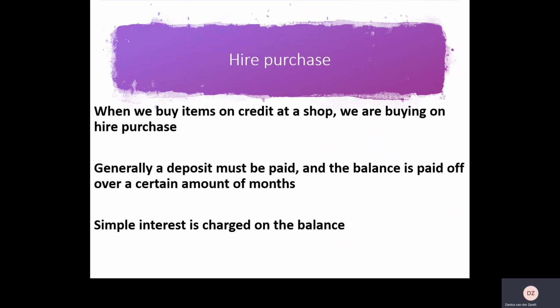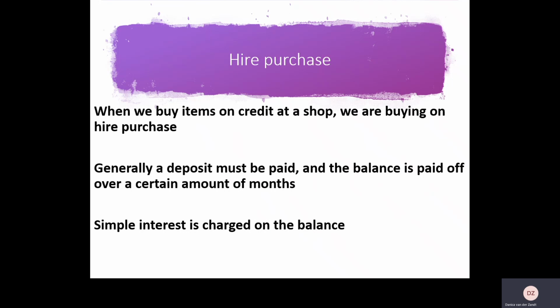The next part of simple interest, because it uses simple interest with the calculation, is hire purchase. Okay? So when we buy any item at a shop, like a fridge or a couch or an Xbox or a microwave, anything that we take on credit from a shop, we are buying it on hire purchase. Okay? And generally we have to pay a deposit, so just to show that we are serious about the purchase, they ask us for a deposit.